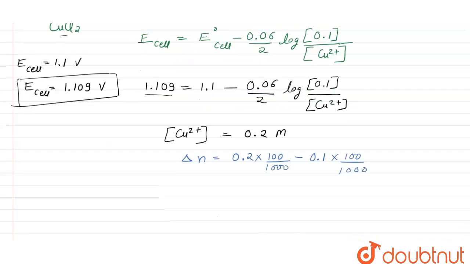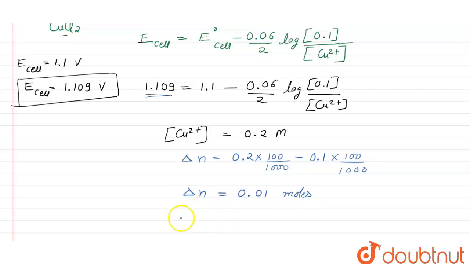Okay, so this would give us the change in number of moles in the two conditions, that is, previously when the Daniell cell was working and after that when the EMF of the cell changed to 1.109 after the addition of CuCl2. On solving it gives us the value 0.01 moles, that is the change in number of moles of copper ions here.